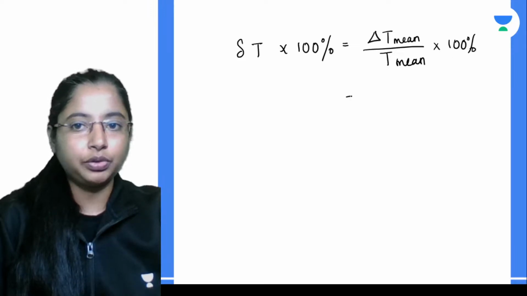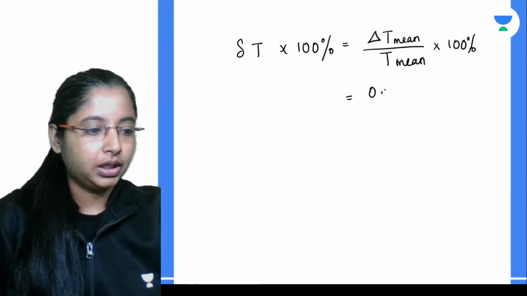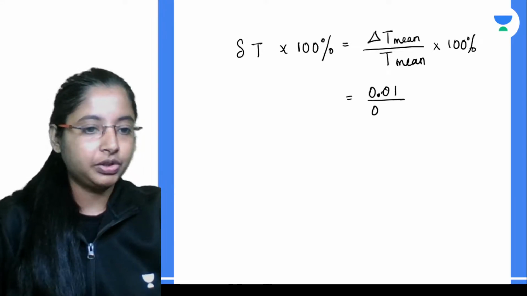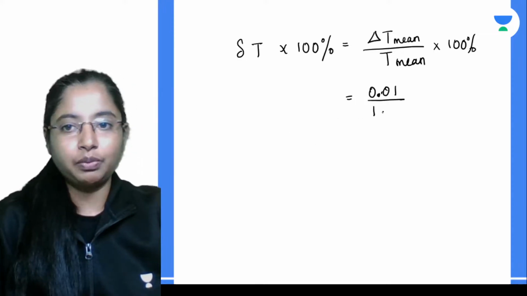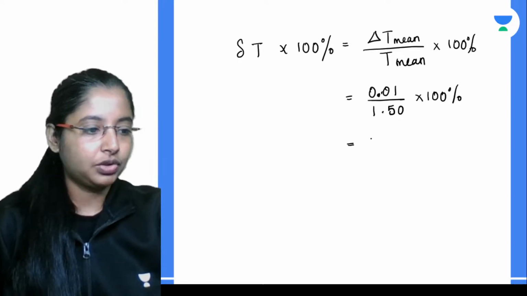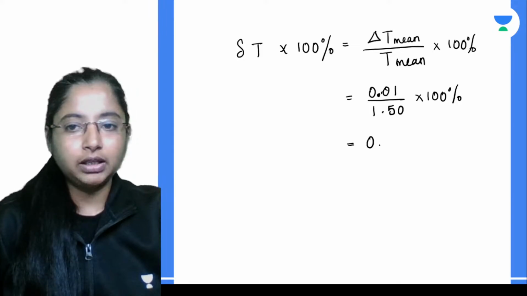Let's directly substitute. So this will be 0.01 divided by 1.50 into 100 percentage. If you solve for this, you will get somewhere around 0.666, and it keeps on going.